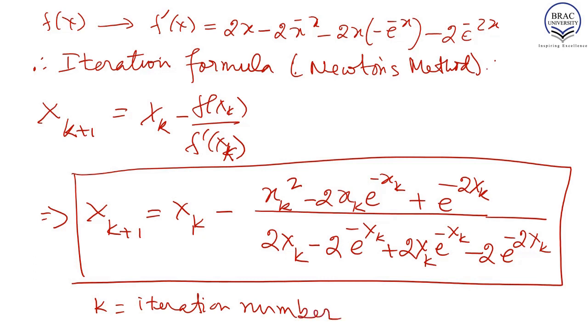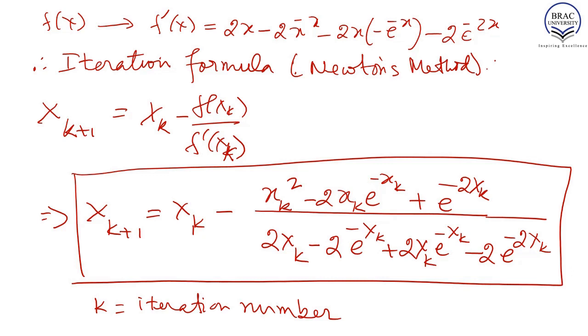So what we do in the next slide, we start from an initial value, k equal to 0, we call it x0, we pick a point, and using this iteration formula we compute x1, x2, x3, and for each iteration point we compute f of xk. If it is within the bound, we are done.